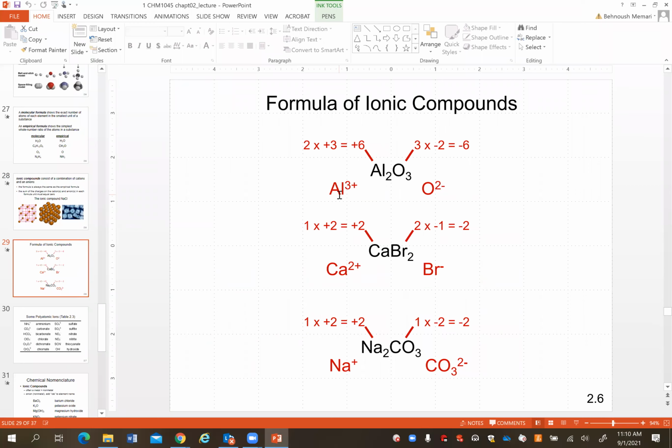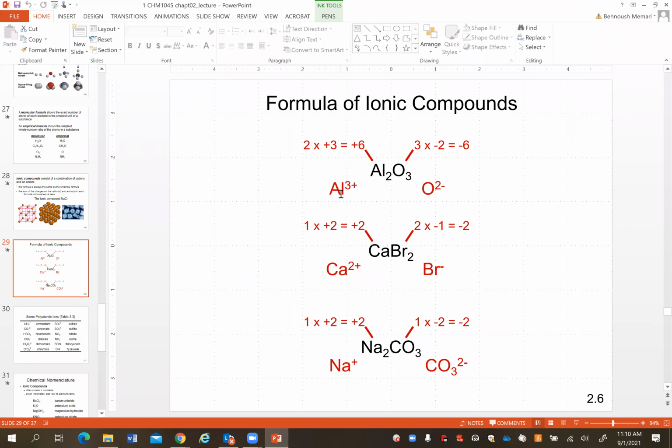So how do we know aluminum gains a 3+ charge? In order to determine the charge for aluminum, you need the periodic table that gives you the numbers.